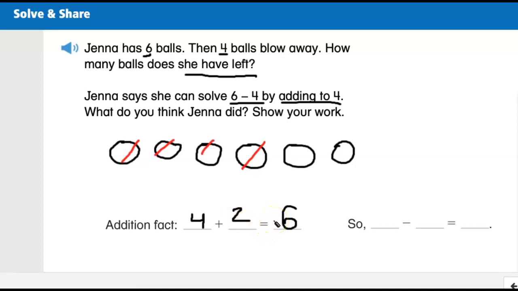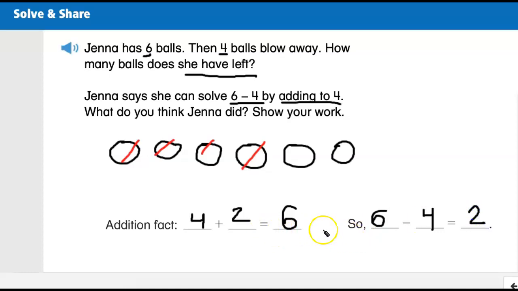So this is what Jenna could have done if she was wanting to add 4 to solve this problem. So if we have 4 plus 2, that is equal to 6. By doing that, it helps us solve our initial question: if we have 6 balls and 4 fly away, our answer is 2.